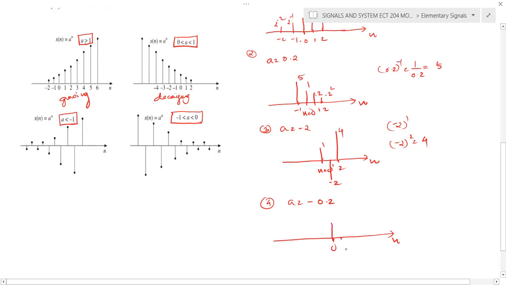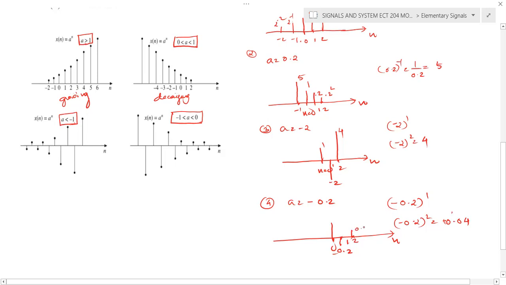At n equal to 1, you will get minus 0.2 raised to 1, so you'll get minus 0.2. At n equal to 2, it becomes minus 0.2 the whole squared, so it becomes plus 0.04. So it is again a small value.